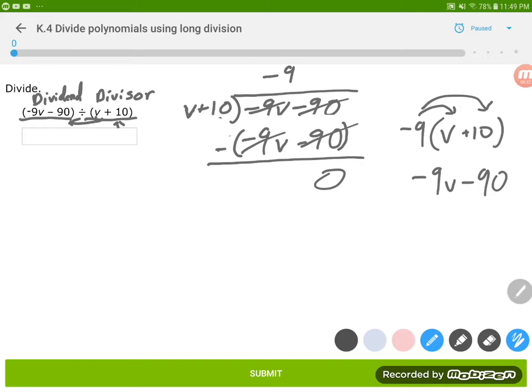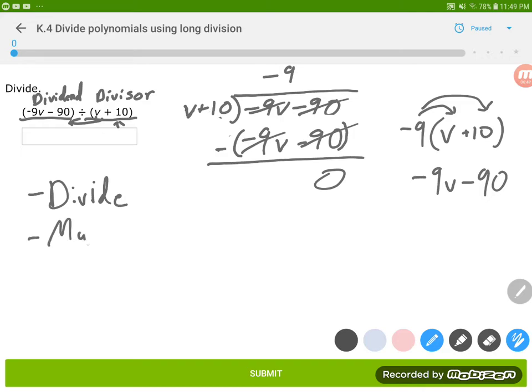So a good thing I like to do, or a list of operations I like to keep track of to remind myself when I'm doing this, is I like to remember that I first look to divide. Right? I'm looking to divide my divisor into the whole dividend.